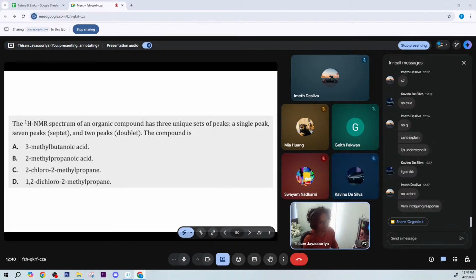So here, the H NMR spectrum of an organic molecule has three unique sets of peaks: a single peak, a 7-peak septet, and a double peak. What could this compound be? We know that there's 3 peaks here. So what do you guys think?